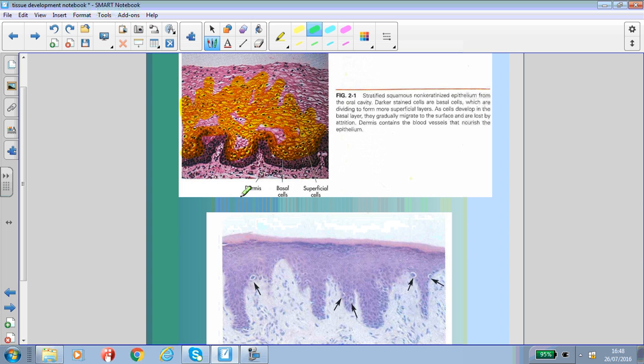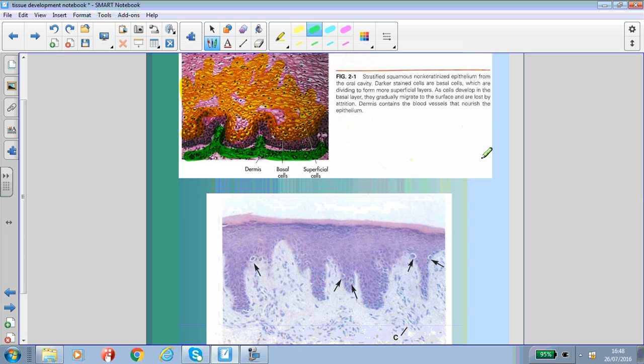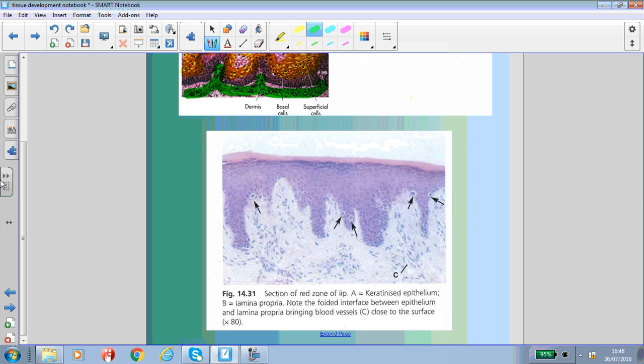Underneath the squiggly dark line is what's referred to as the dermis here, or connective tissue. And you can see the connective tissue has little finger-like projections into the epidermal layer to anchor them together. And then similarly in the second diagram, which I'm not going to highlight because it's probably a bit more obvious, you can see you've got all the epidermis in the darker stain, and then connective tissue in the lighter stain.